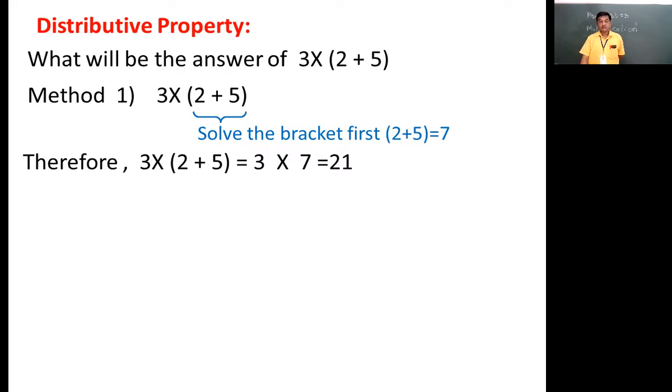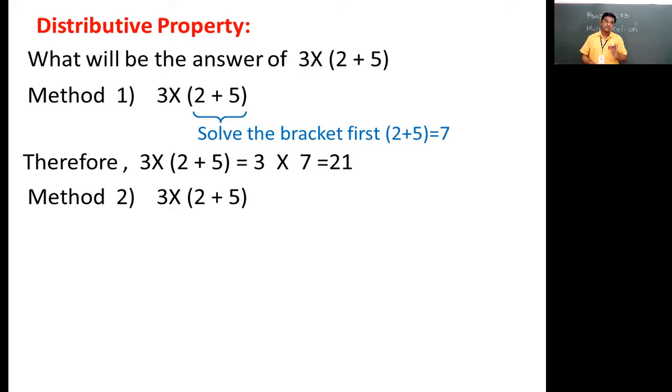Okay. Can we solve this with the distributive property? Let us see method 2. The distributive property says that we multiply the number outside the bracket with all the numbers inside the bracket. Keep in mind that the numbers inside the bracket may have the sign of addition and subtraction.